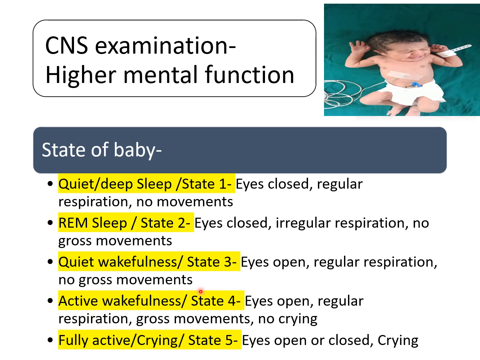Active wakefulness, state 4, similar to the state 3, eyes open and regular respiration, but there are gross movements of the limbs present, but no crying is there. In fully active and crying state 5, the baby is crying also. So here in this video, baby is in the state 5.